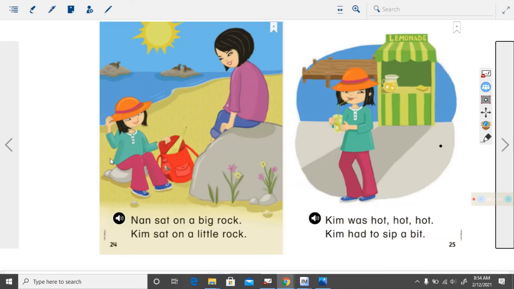Okay, here we go to the next one. Nan sat on a big rock. Your turn. My turn. Kim sat on a little rock. Your turn. My turn. Kim was hot, hot, hot. Now it's your turn to read that.